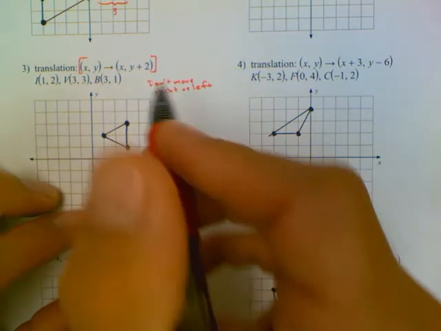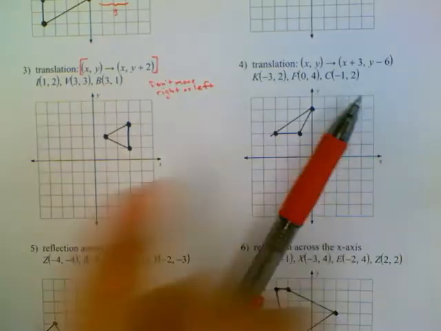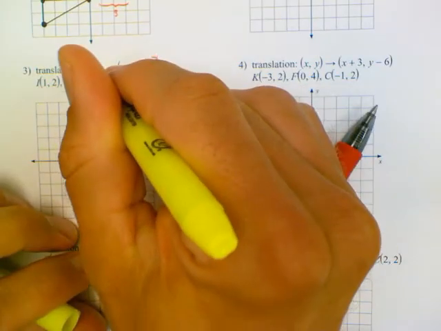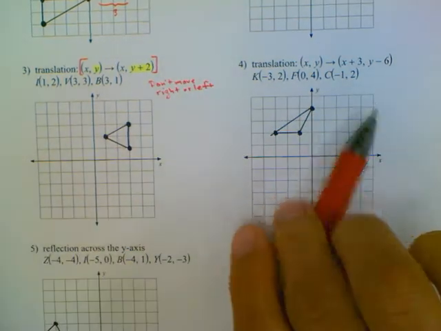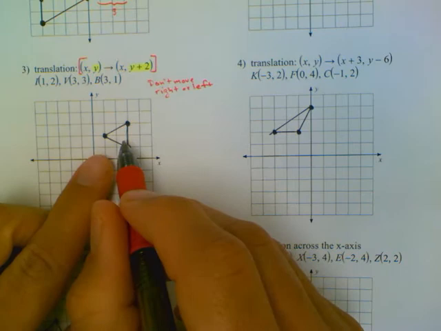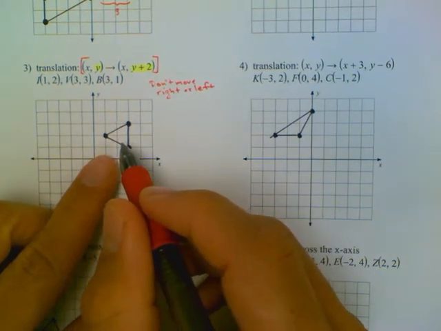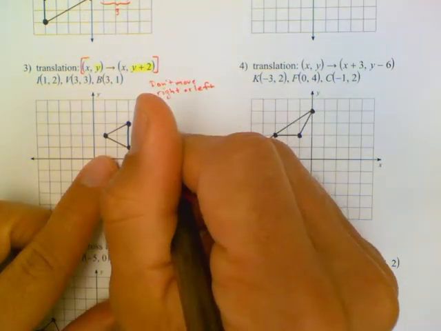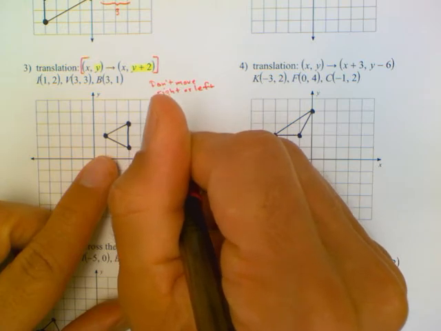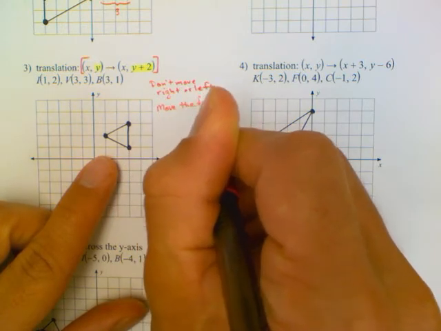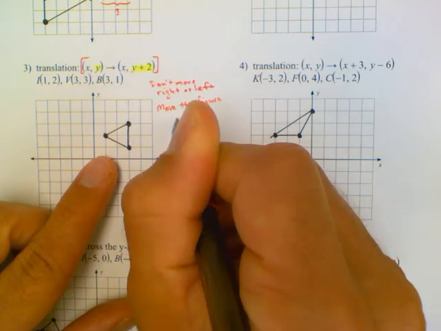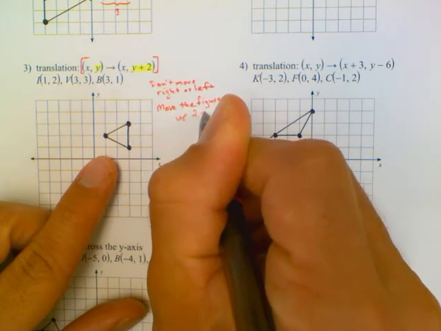Now, it does say, though, that we need to take y and turn it into y plus 2. So that means that every y coordinate on this picture needs to be up 2. So we're actually going to move the figure up 2 units.